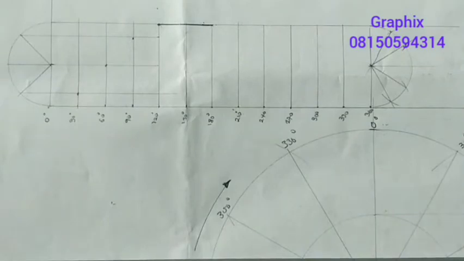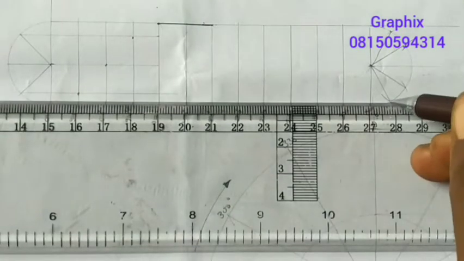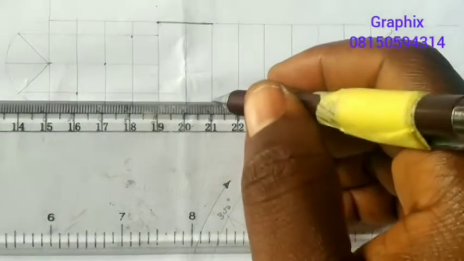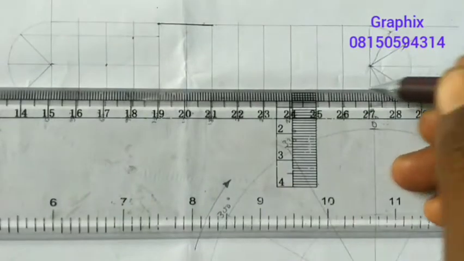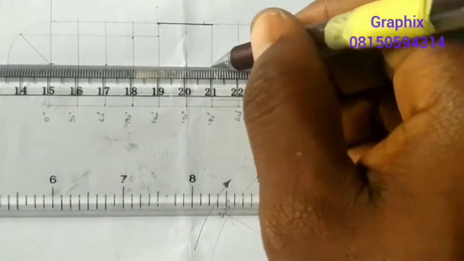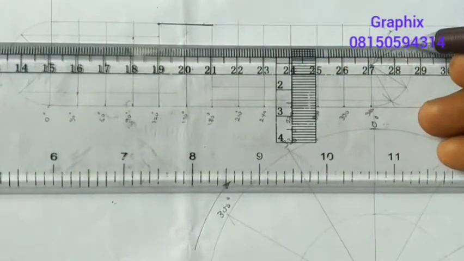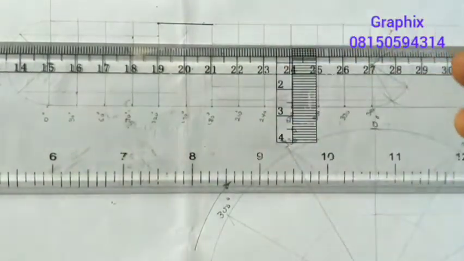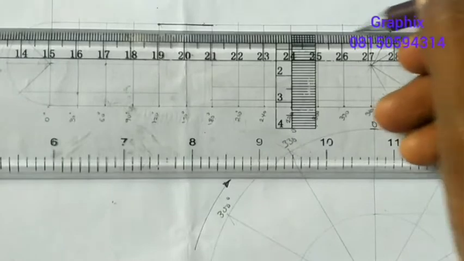So I'll project all those lines. From this point I'll project it to stop here. From this point project it to stop here. From here to come stop here. This point to come stop here, and this to this point.